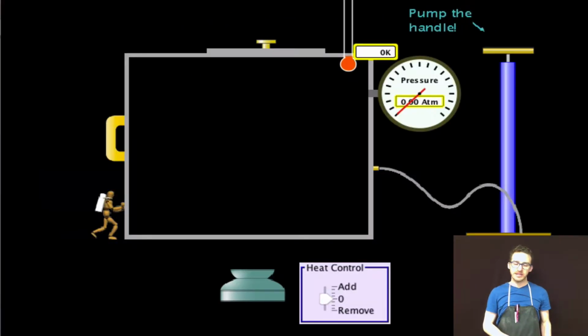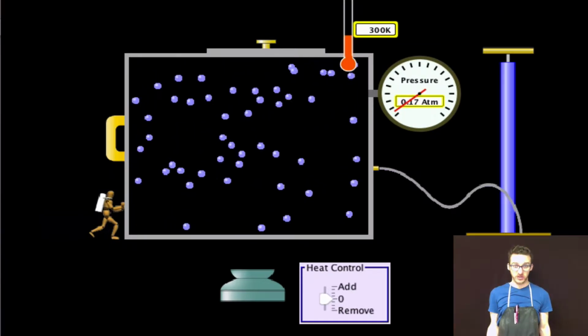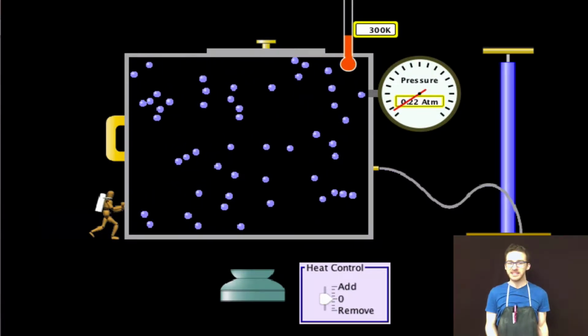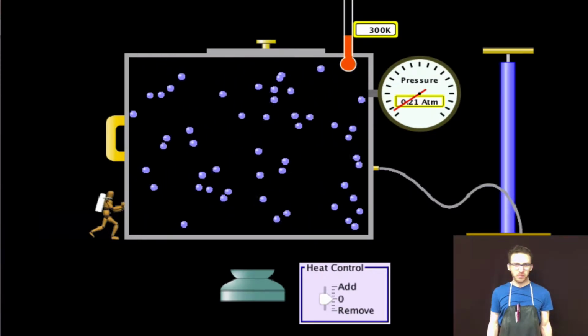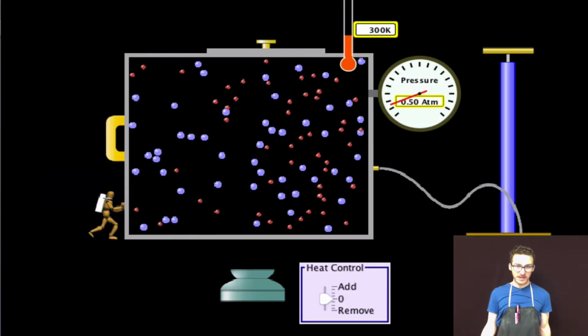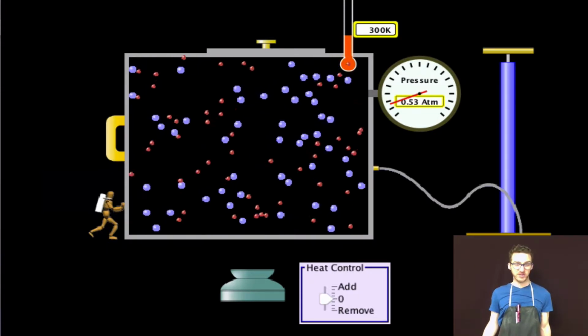So let's take a look at this thrilling simulation one more time. Let's say I were to put 50 molecules of this heavy species, this purple gas, into the container. Note that the pressure is about 0.2, 0.3 atmospheres. If I add an equal amount of a different gas, notice that the pressure roughly doubles.